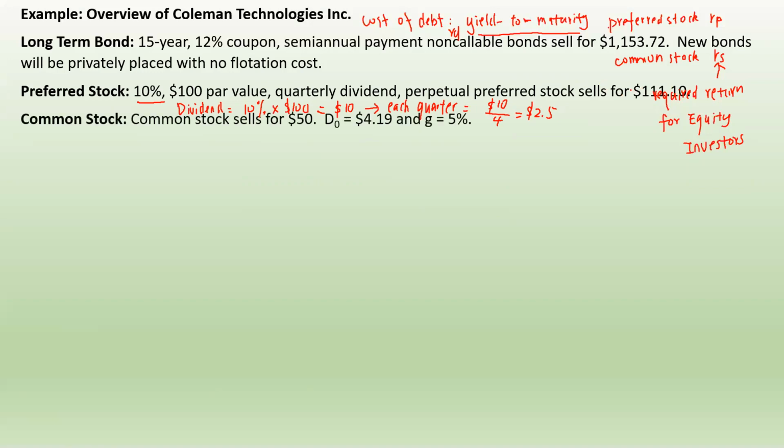And the firm also has common stock. The common stock price is $50. It gives you today's dividend, D0, and the growth rate. And it gives the firm's beta. Remember what beta is here? So this is the firm's beta, the risk-free rate, and the market risk premium.